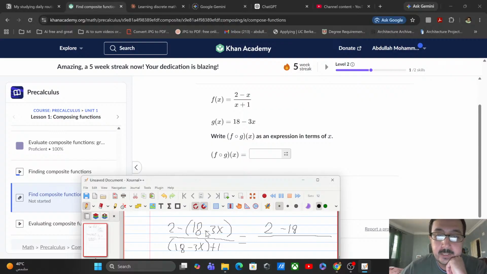And flip the signs, this minus and minus is going to be positive 3x. And here it's just going to be 18 minus 3x plus 1.